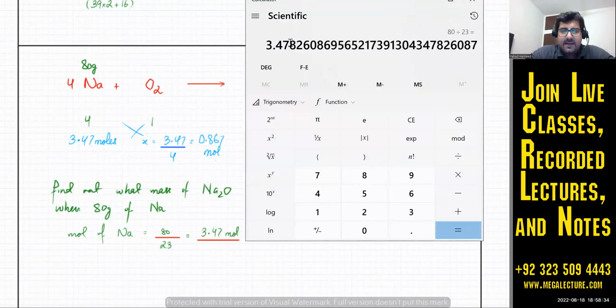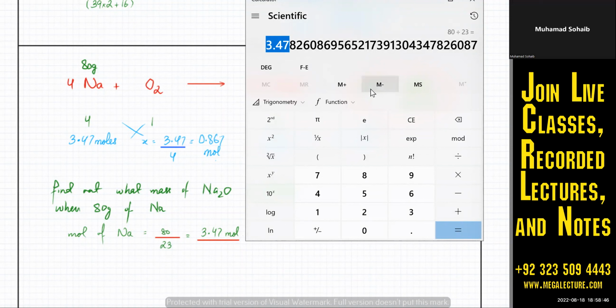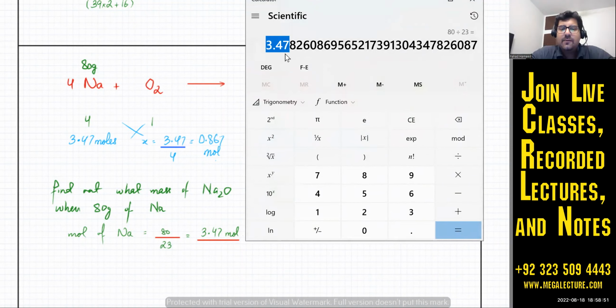So the rule is round it off to the third significant figure. We're not talking about decimal places. Significant figures means the first number, the second number, round at the third. If I round this off at the third one, the next digit is 8, so it should be 3.48. Is that clear?